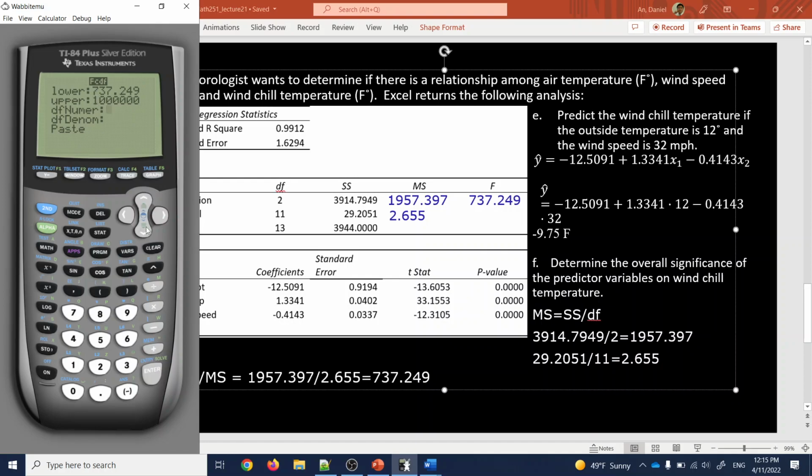Now, what's the degrees of freedom of the numerator? 2, right? What's the degrees of freedom of the denominator? 11, right? If you look at the table, the degrees of freedom were 2 and 11, so you put those in. You paste it, and the result is 1.916 times 10 to the negative 12.